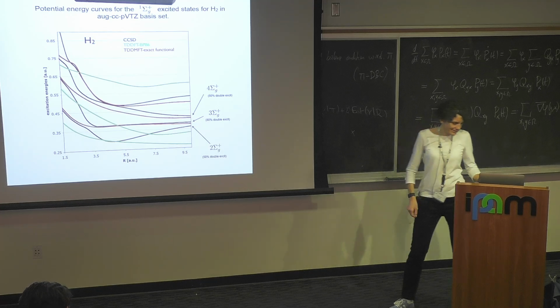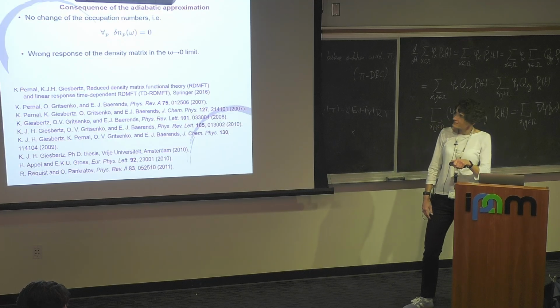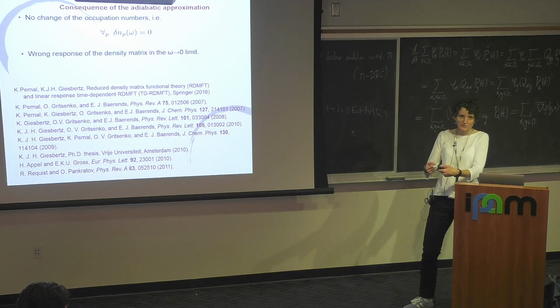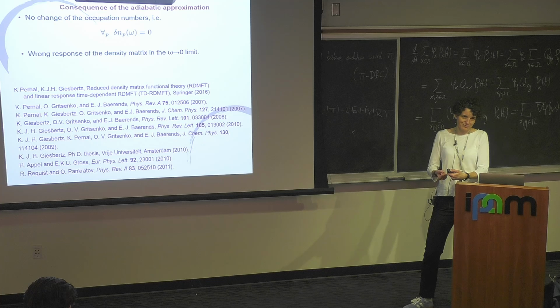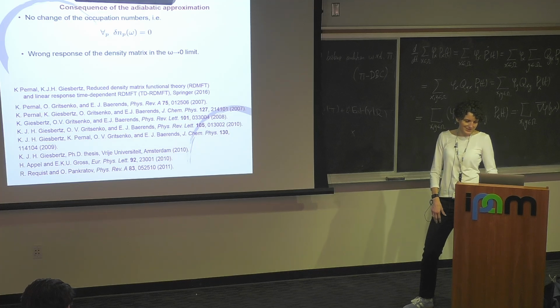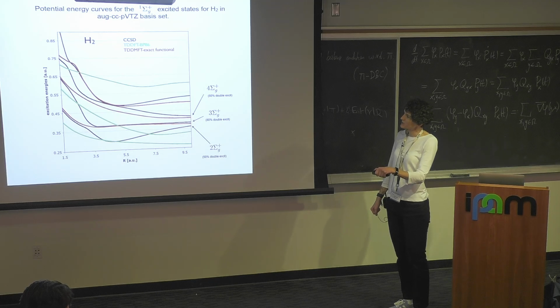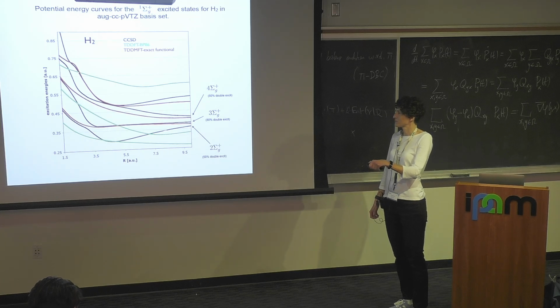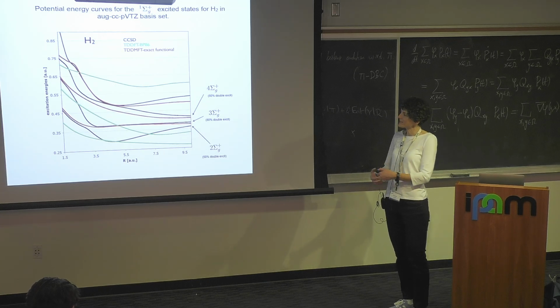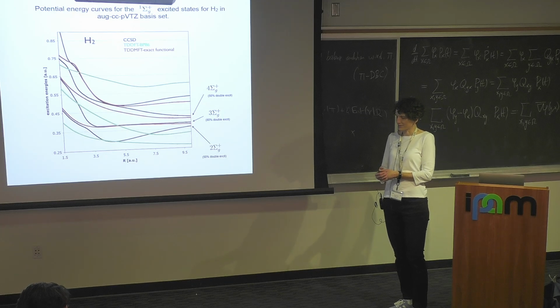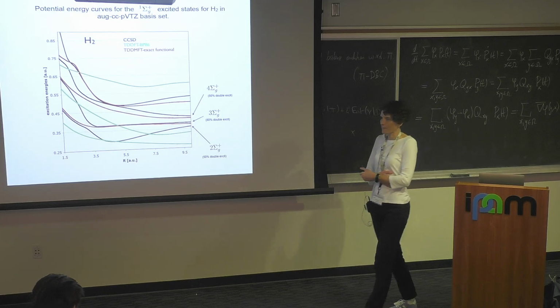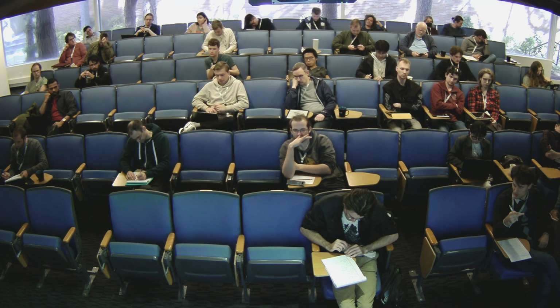So there is no response from the occupation numbers to the perturbation, so no contribution from the occupation numbers to the linear response function. That's the price we pay. We don't recover the part of the spectrum that is dominated by double excitations, because this is multi-reference. Double excitation is really a change in the occupation number.